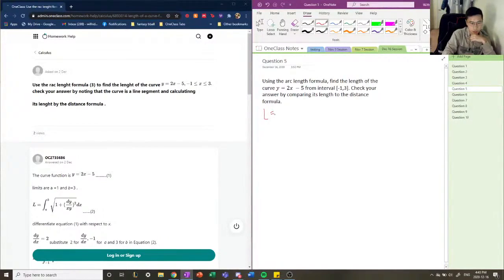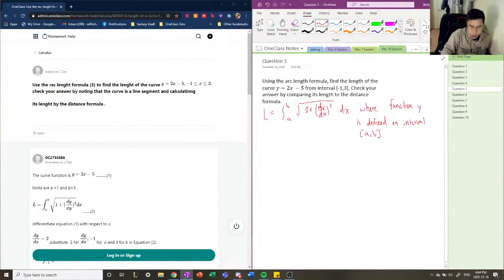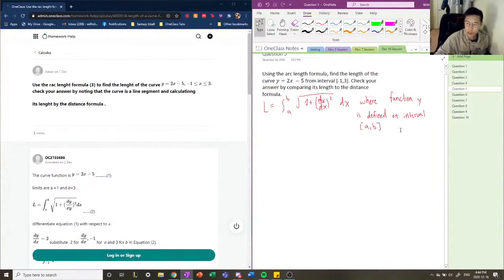L equals the definite integral from a to b of the square root of 1 plus (dy over dx) squared, dx, where the function y is defined on the interval [a, b].